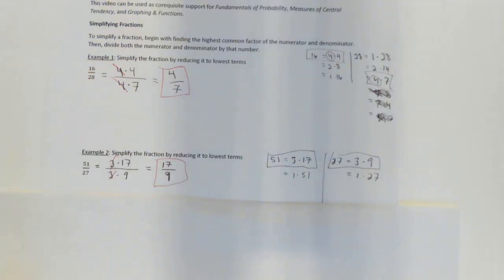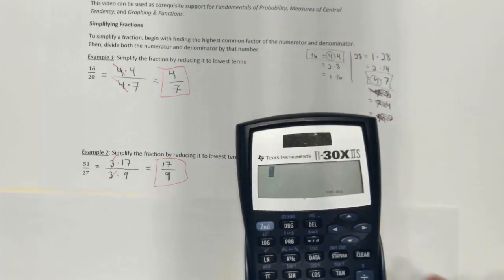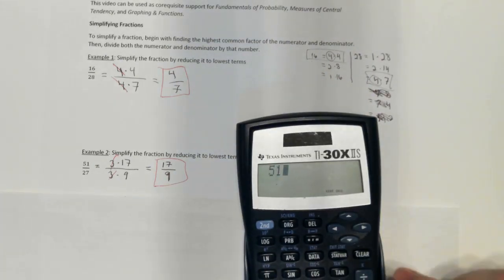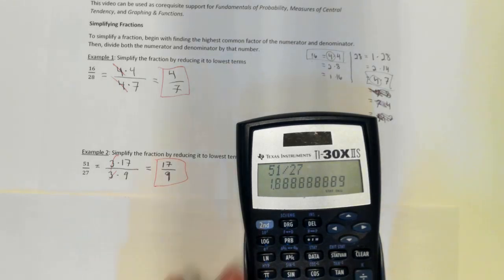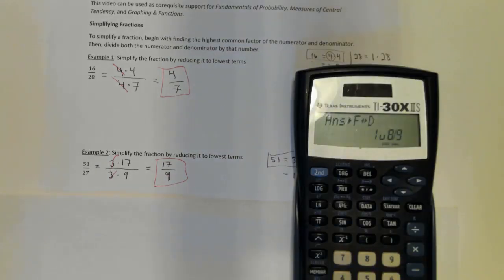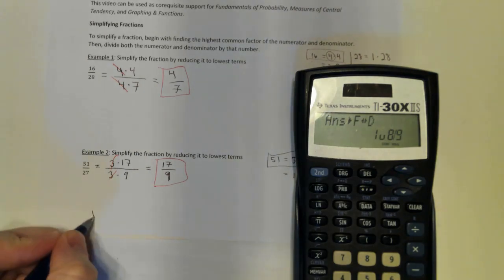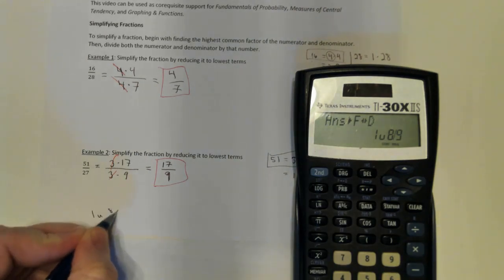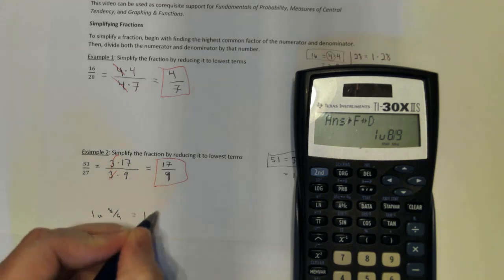And in my math lab, they are perfectly happy with improper fractions as long as they are reduced. Okay. So I want to show you what happens if I reduce this when using the calculator. You get your decimal, you do second PRB. It gives you this mixed number. This is saying 1 and 8/9.